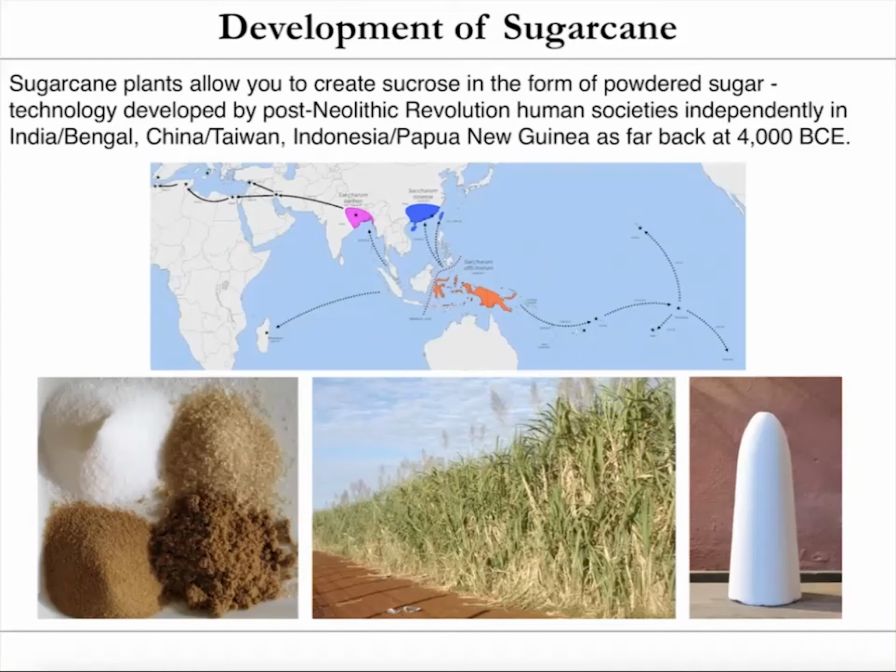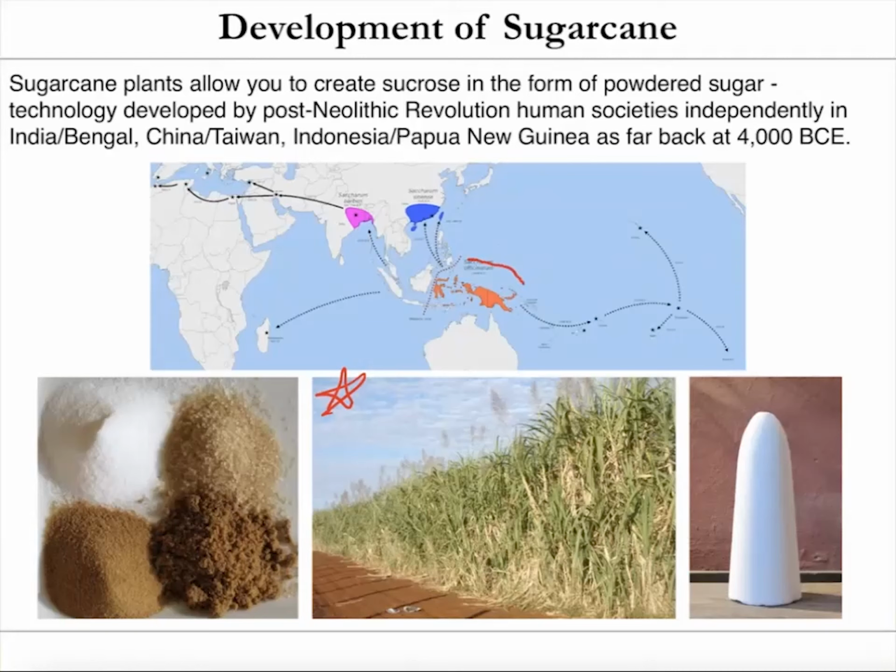Now, sugarcane, really the powdered sugar that we all know and are familiar with, was developed from this plant called the sugarcane plant. The technology to cultivate this sugarcane and then to turn that into crystallized sugar that can be transported across long trade networks was developed independently in a few different places.